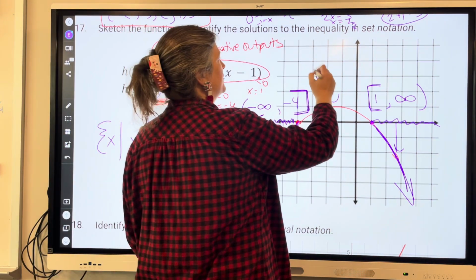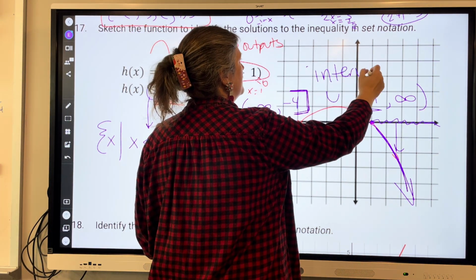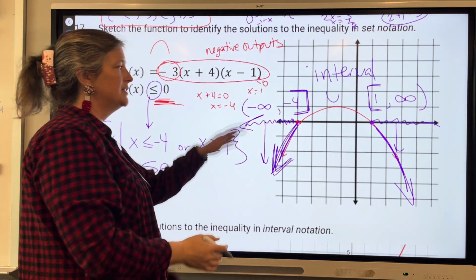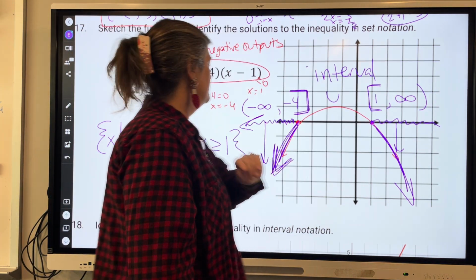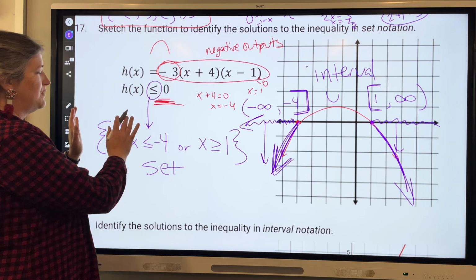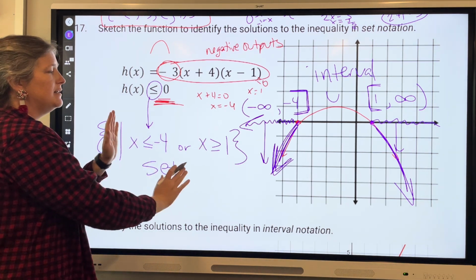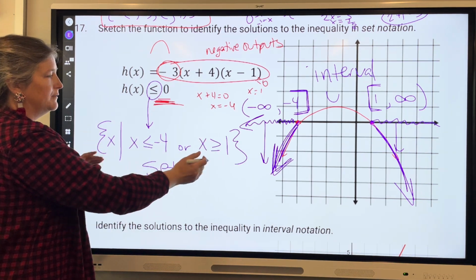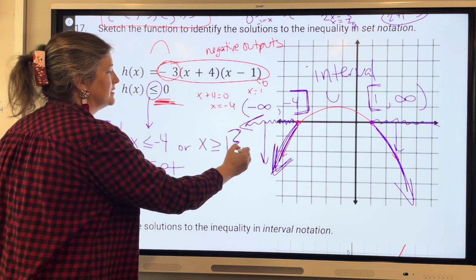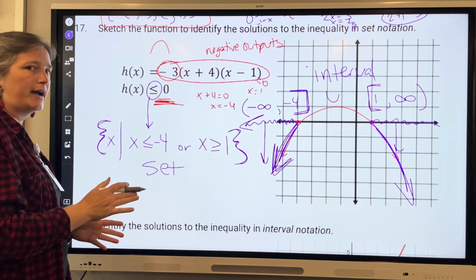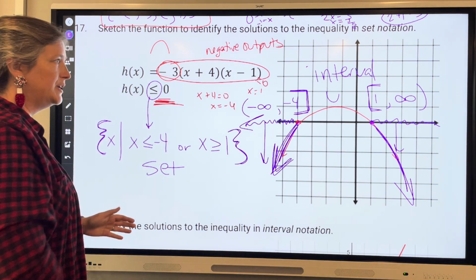This is interval notation. The interval notation says I want the interval from here to there or here to there. The set notation says I want my x's to meet these requirements, and it will be in set brackets, set brackets. If we call them set brackets, then maybe we'll use them every time we hear the word set.